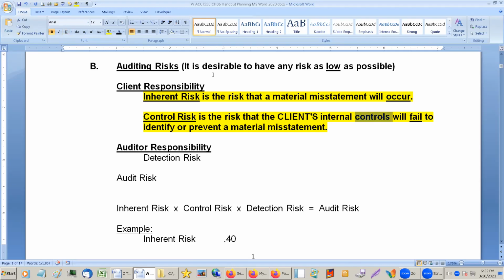The second one is, will the controls fail? So notice what happens if both of those happen. If a material misstatement occurs and the controls fail to recognize it or identify it or prevent it, then it's up to the auditors to get it.